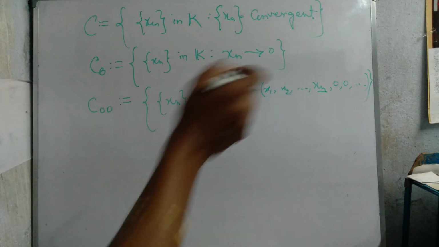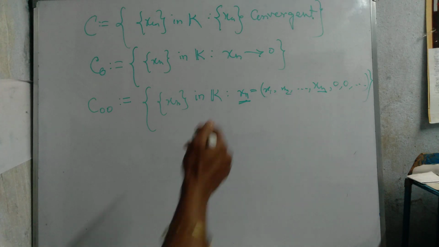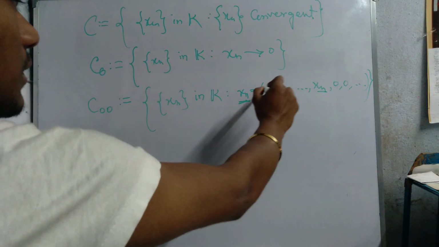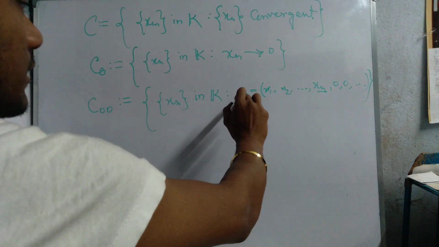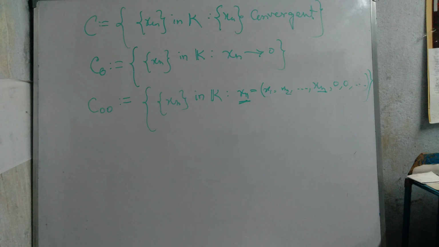This one is an element of xn and this one obviously is a sequence term. So if here x1 then x1, 0, 0, 0; here x2 then x1, x2, 0, 0, 0; here x3 then x1, x2, x3, 0, 0, 0, and in this way. So these are the spaces C0 and C00. Now we discuss about that portion.